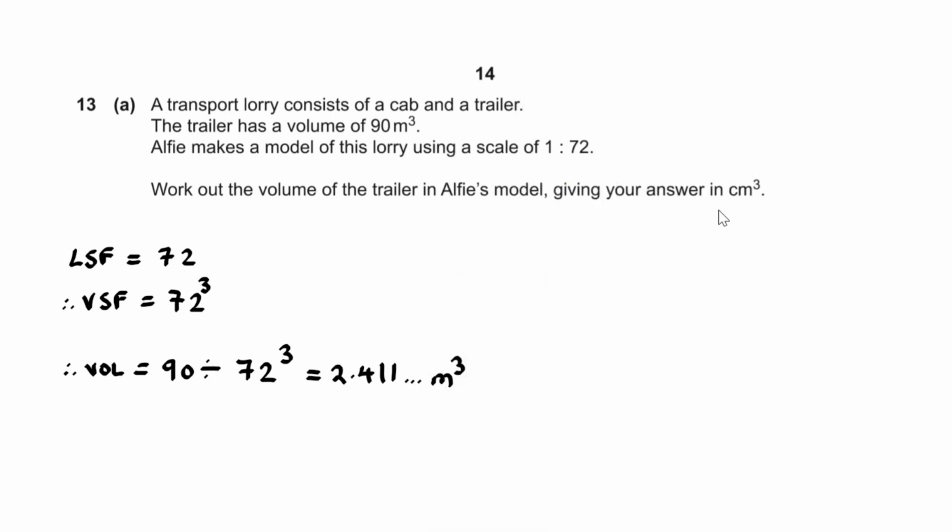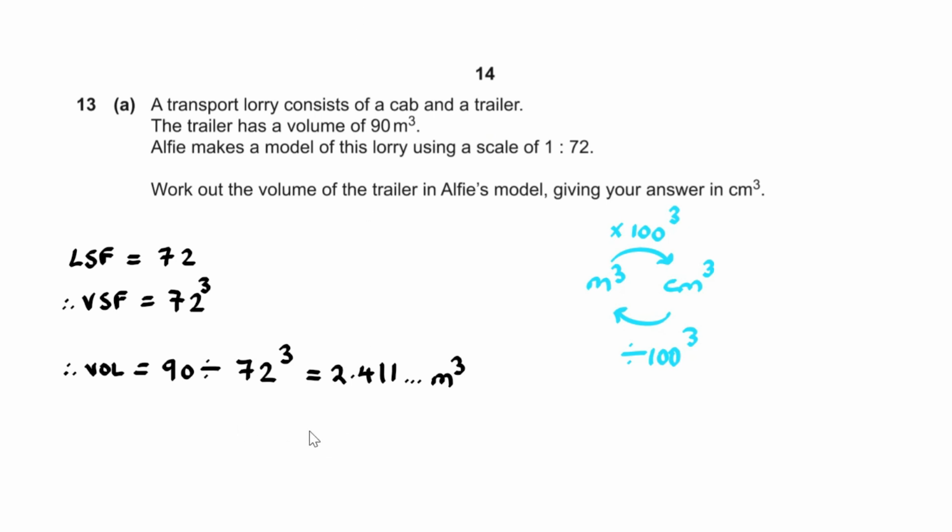Well, we want our answer in centimeters cubed. To go from meters to centimeters, we would have to times by 100, and to go from centimeters to meters, we'd have to divide by 100, and therefore to go from meters cubed to centimeters cubed, we'd have to times by 100 cubed. Centimeters cubed to meters cubed, we'd have to divide by 100 cubed.